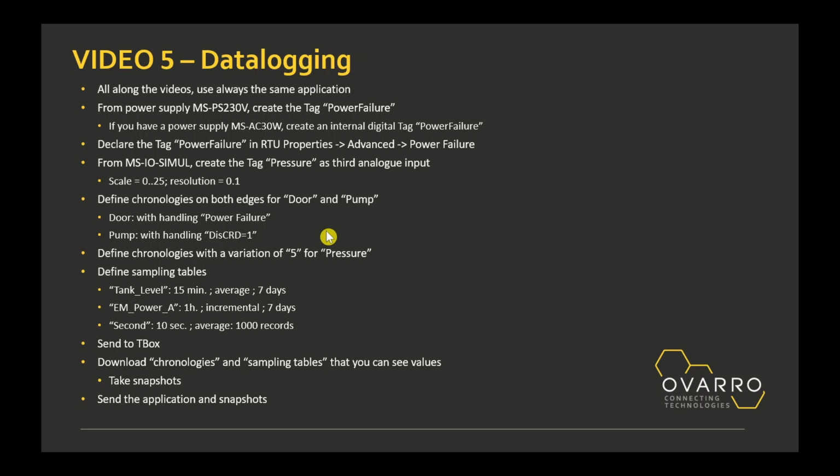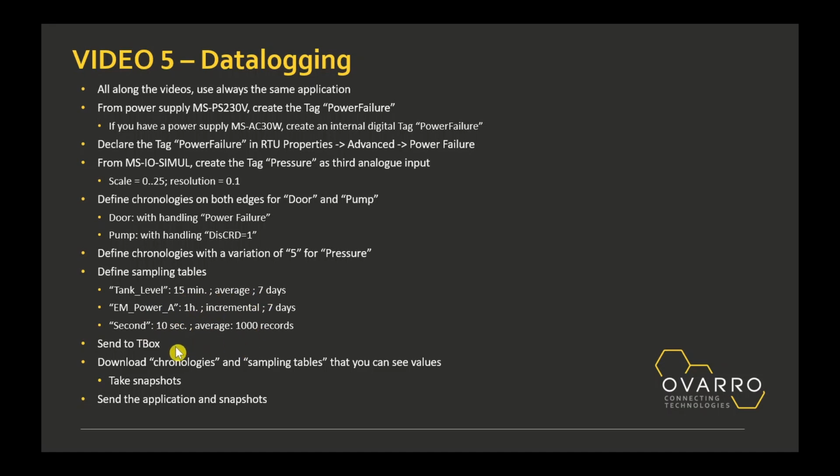Declare digital chronologies for the tag door and pump, with a handling of power failure for door and a handling disable chronology for the pump. Define analog chronologies with the tag pressure with a variation of 5. Define 3 times sampling tables with the tag tank level, with the tag power and the tag second with this configuration.